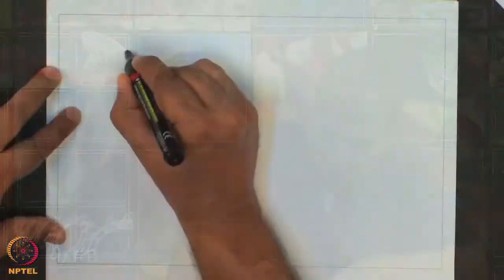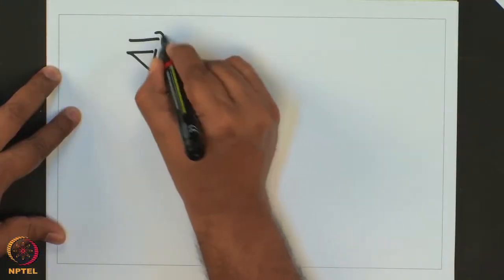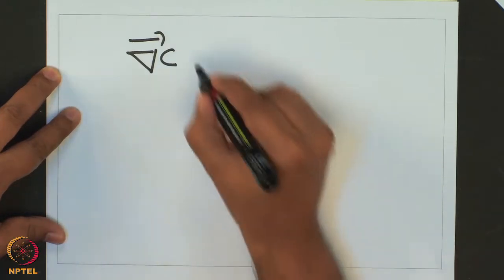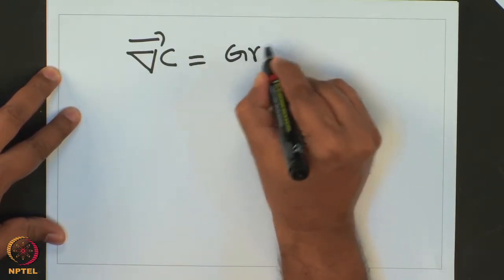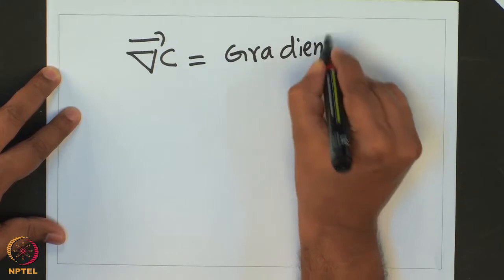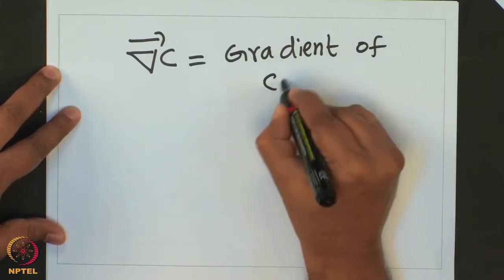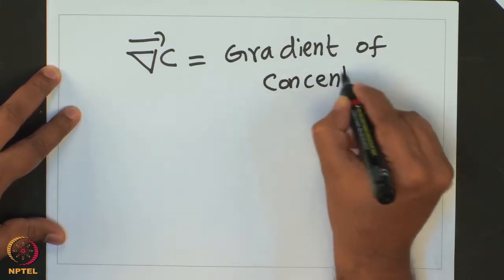Now there is a way to represent the gradient mathematically. There is a symbol, and it is typically written this way. The gradient G is typically written by the symbol del C, which means gradient of concentration.